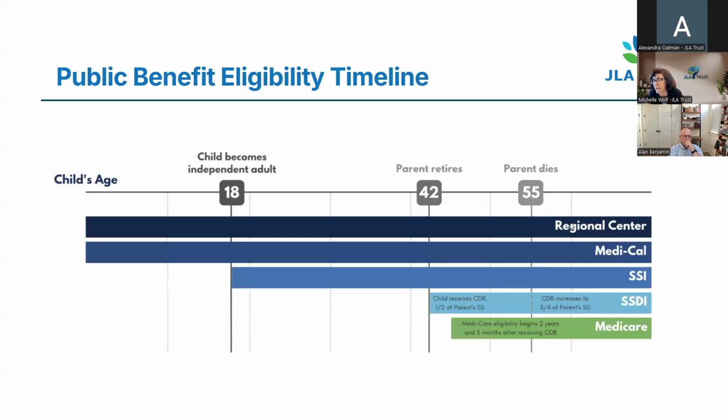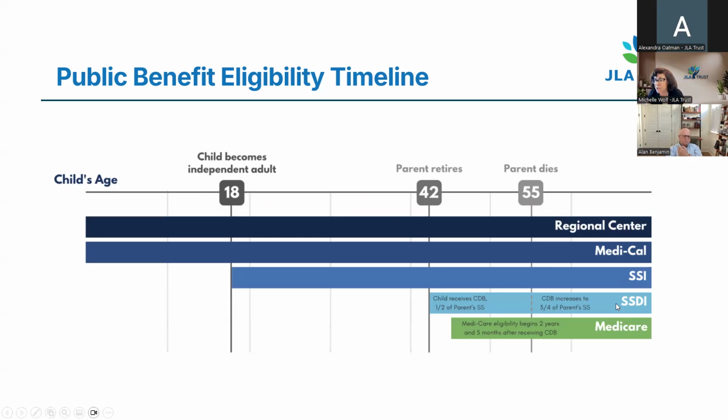This chart shows how benefits change over the lifetime of someone. It's kind of focused on clients who are regional center clients. Benefits change as the child turns 18 and is considered to be an adult, no matter the level of disability. Things change again when the parent retires and starts getting Social Security retirement.